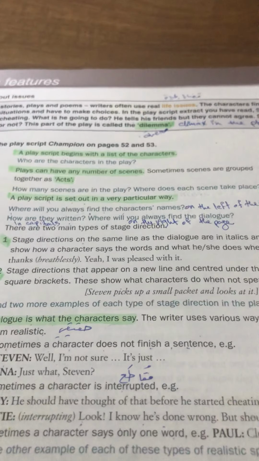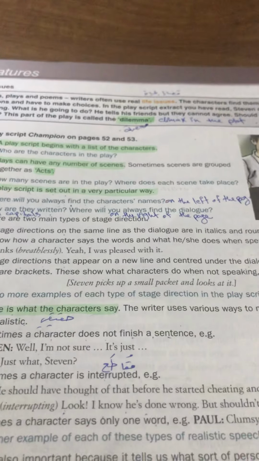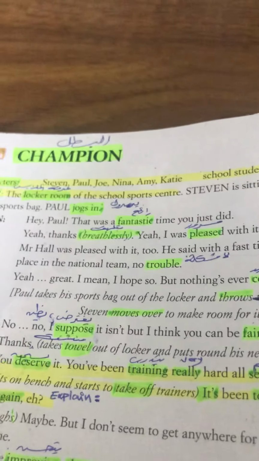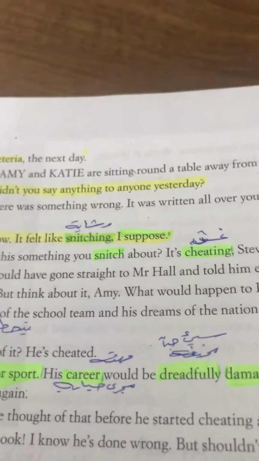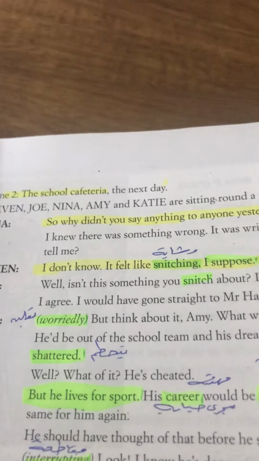Where does each scene take place? إذا بنروح على الصفحة برضو 52 and 53, it is stated that scene 1 is in the locker room of the school sports center, and scene 2 is at the cafeteria, the school cafeteria.